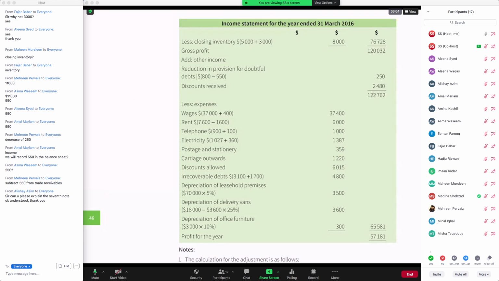Okay, Madiha got the balance sheet balanced. Very good. I will show you the balance sheet once more of your friends reach there.